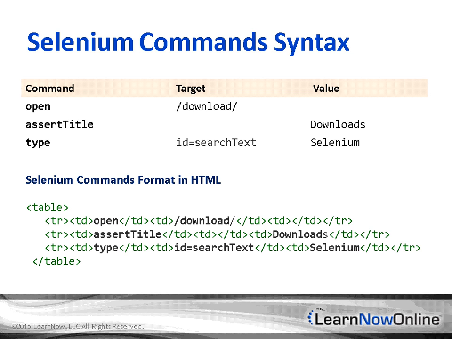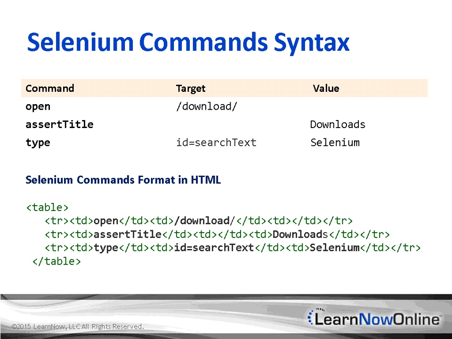So here we have our 3 commands again. You can see in the first row, the first column is our command open, the second column is our target, download, and the third column is empty because we don't have a value. The second row has our assert title as the command. There is no target, so that column is empty, but the third column holds the value that we want to assert against the title of the web page, downloads.